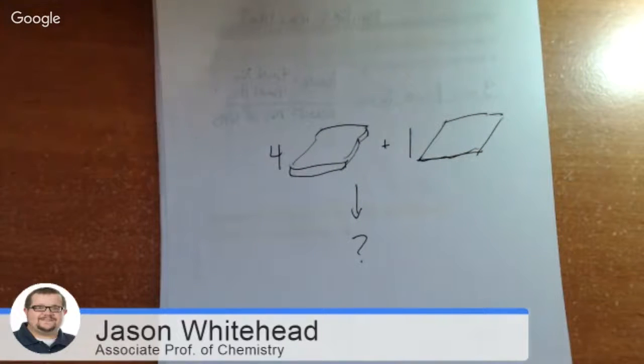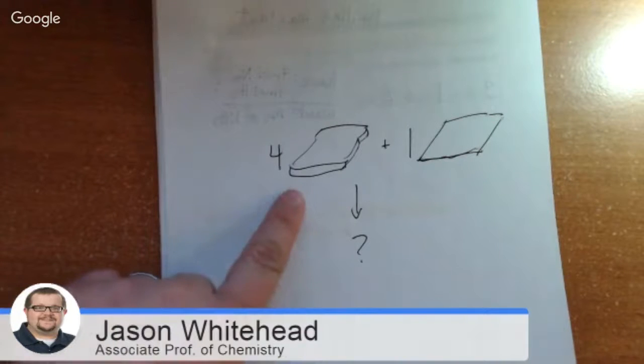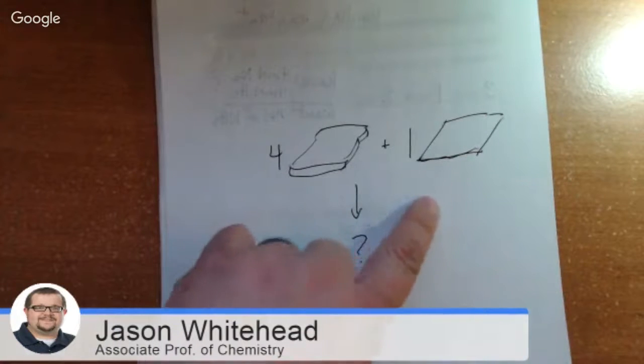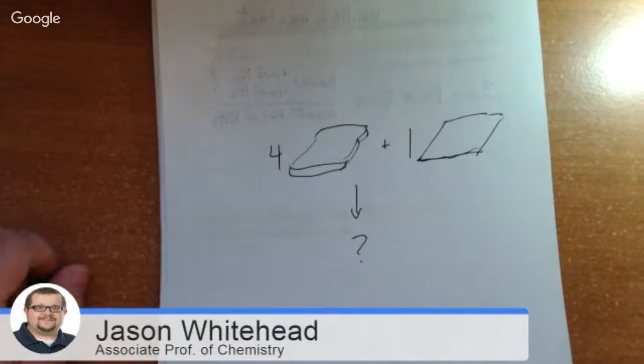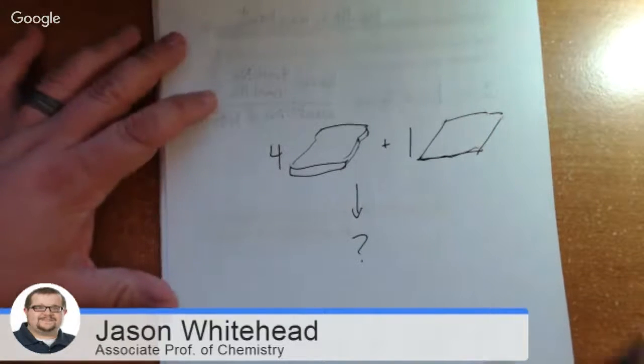And this is for anybody in chat. 4 slices of bread, 1 slice of cheese. How many grilled cheese sandwiches could I make? Yeah, Jesse, Chantel, I could make 1.